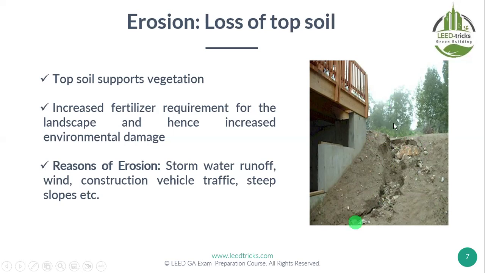In urban projects within the city, erosion is also a problem. Why? The dust comes from the site to nearby buildings and causes many problems. A building already built has a very clean facade, and then the dust spreads everywhere in the streets and reduces air quality. So erosion has many issues for the air and the water, when the soil runs with the water. This is erosion. If you remember this photo, it's enough to know the meaning of erosion.